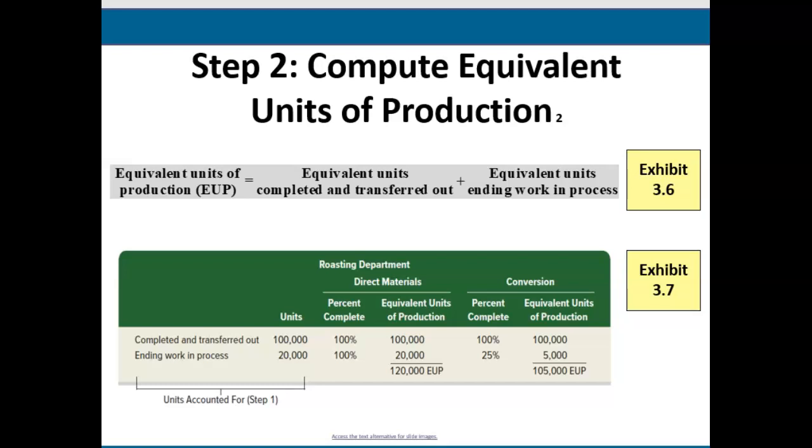The amount of inputs used to produce 100,000 completed units and to start 20,000 additional units is equivalent to the amount of direct materials in 120,000 whole units, and the amount of conversion is 105,000 whole units.